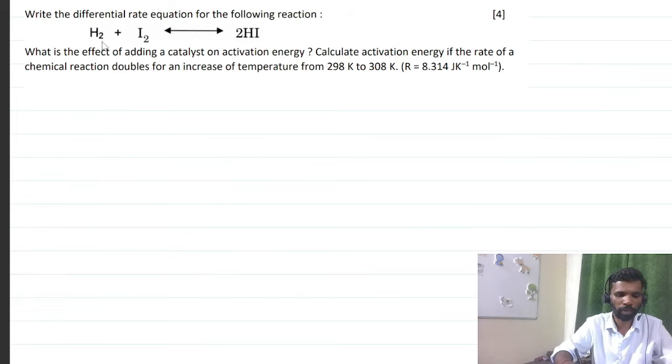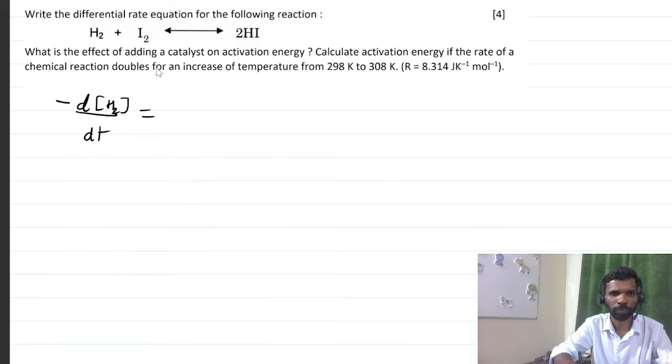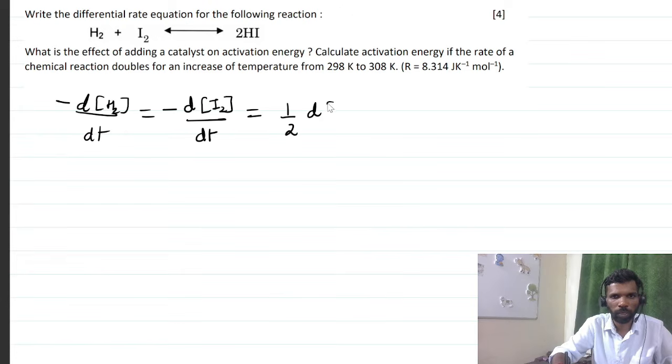So how do we write a differential rate equation? Differential rate equation for this is a reactant. So we always write minus, since in the reaction the reactant gets consumed, we write minus d H2 by dt, which is equal to minus d I2 by dt, and over here stoichiometric coefficient is 2, so 1 by 2 d HI by dt.